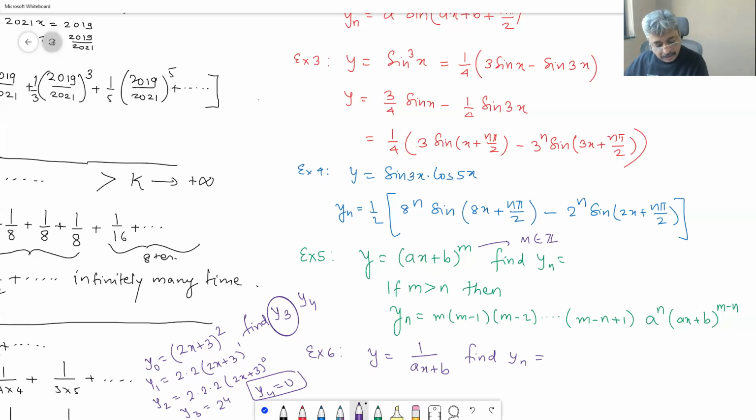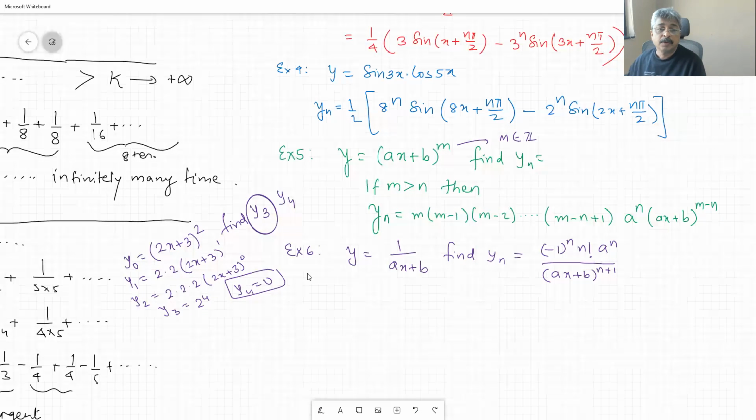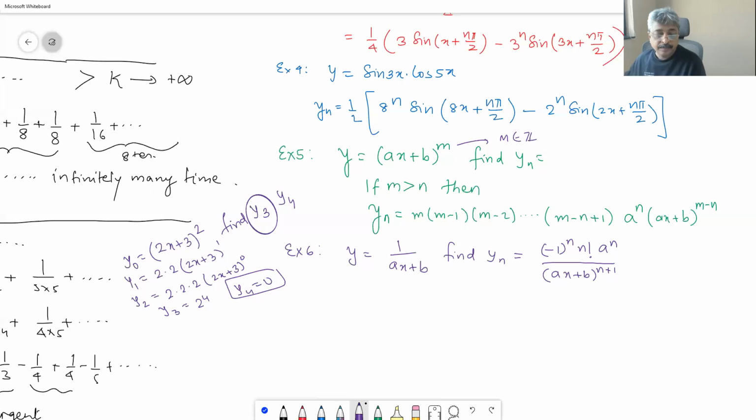So yn is equal to minus 1 raised to n, n factorial a raised to n, divided by ax plus b raised to n plus 1. Good.